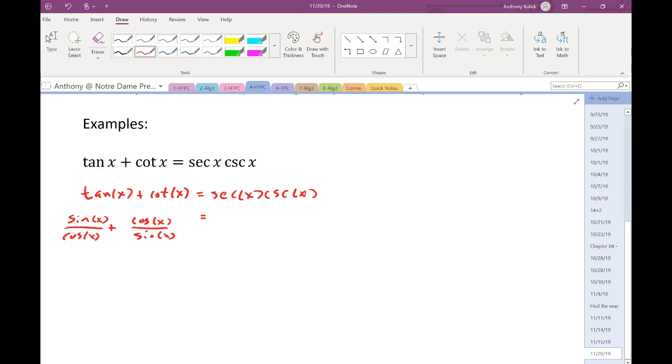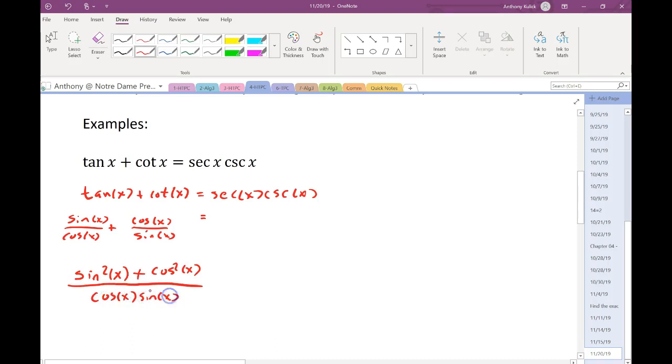Cosine x times sine x. So the first fraction I need to multiply by sine x over sine x, and the second fraction by cosine x over cosine x. Which would give me this.